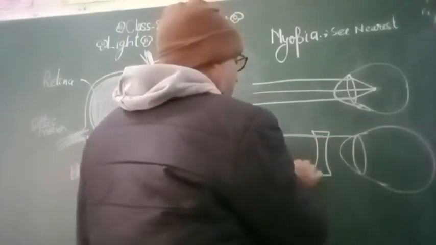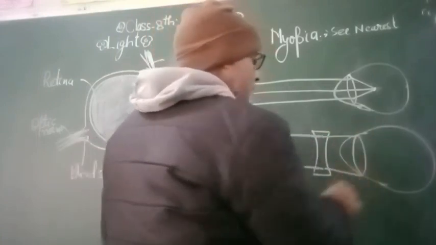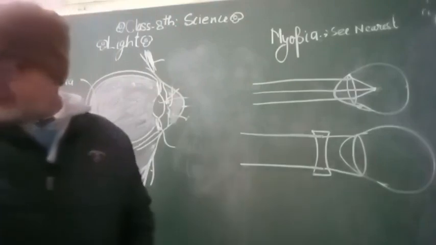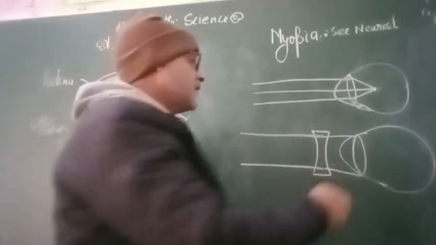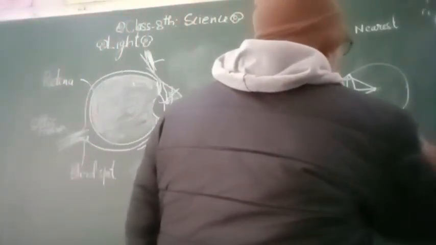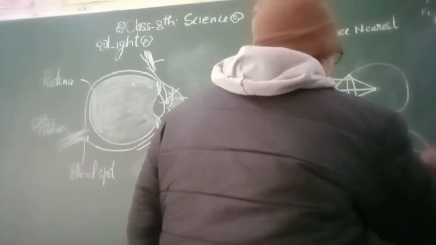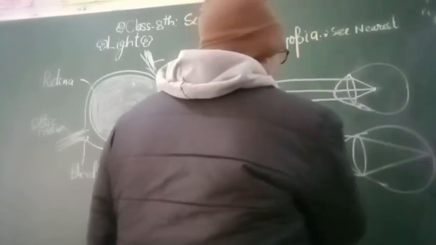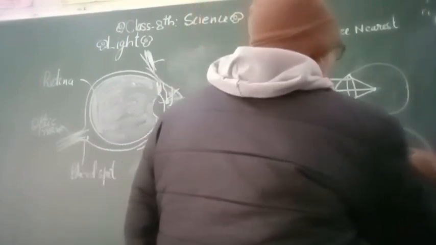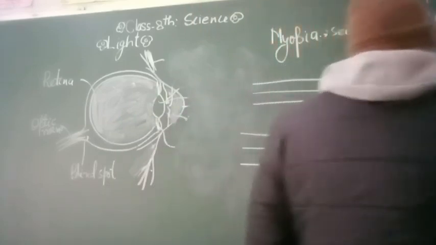This ray is coming to this, and this ray is coming to this. Okay, and now these rays will fall on this retina, and the image will be formed at the retina.